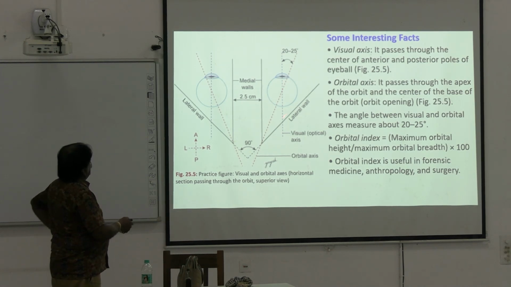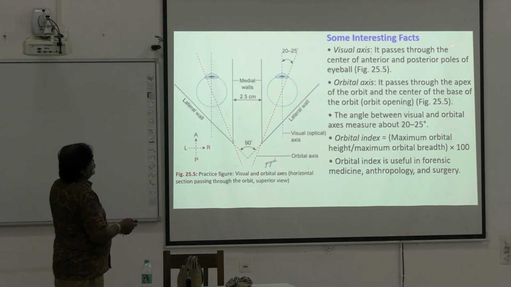This is the lateral wall, and this angulation is 90 degrees. This is the visual axis, and this is the orbital axis. The orbital axis and the visual axis are 20 to 25 degrees apart, and this is 90 degrees.